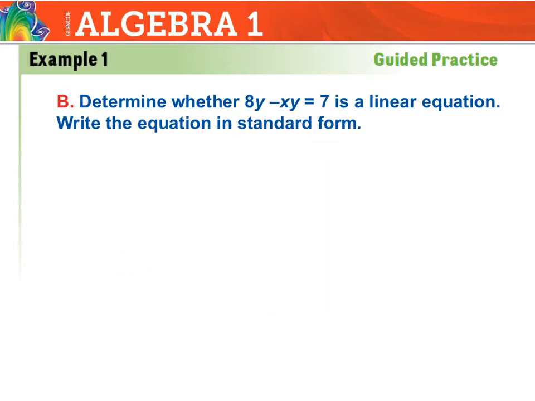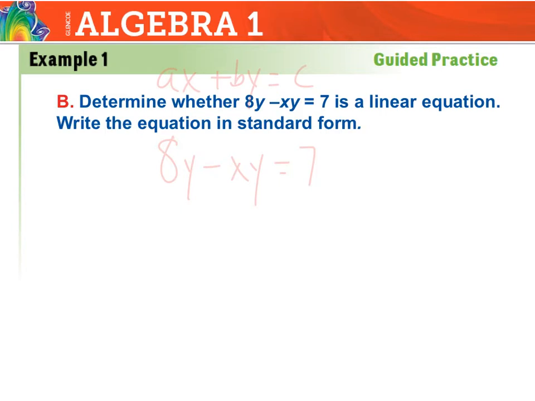Again, here's another one. Determine if this one is linear and write it in standard form. This one is already kind of in standard form when we think about our variables gathered on the left-hand side, because really that's all standard form is. We're going to learn lots of forms in Unit 3.